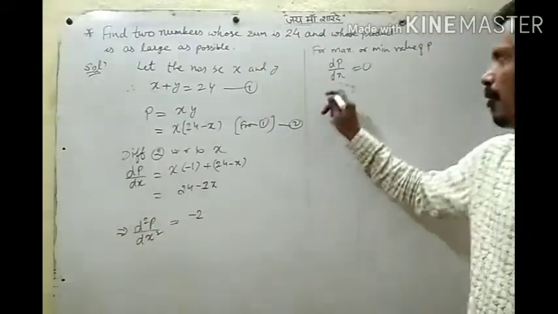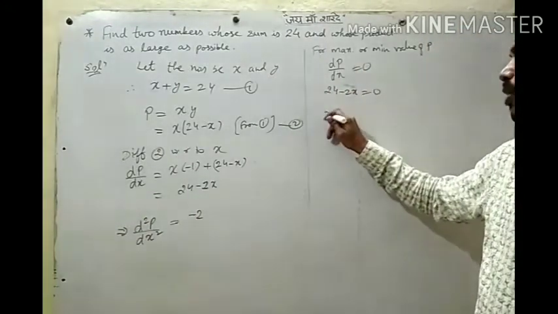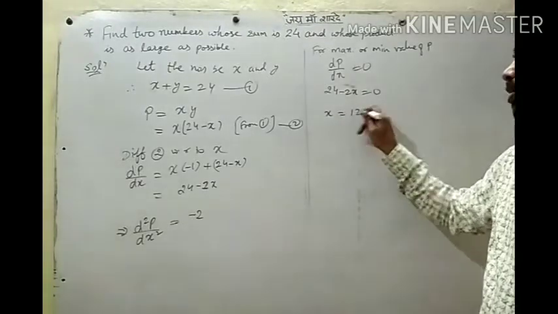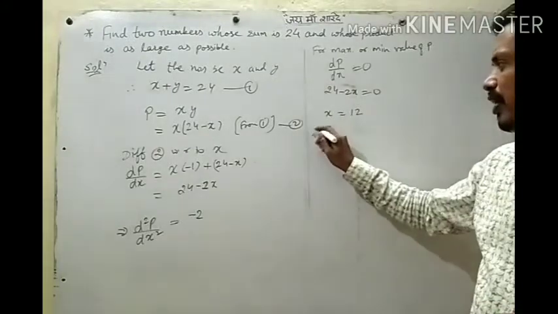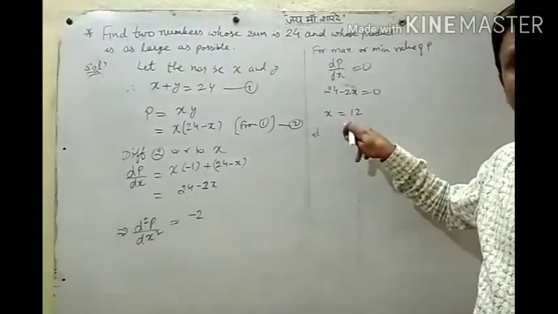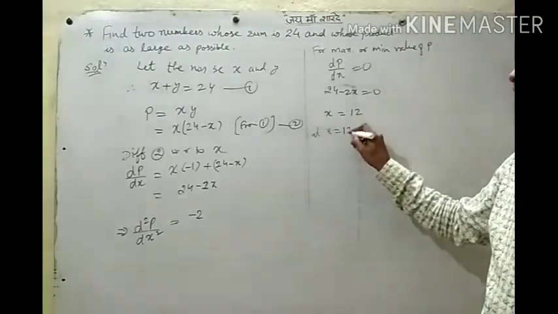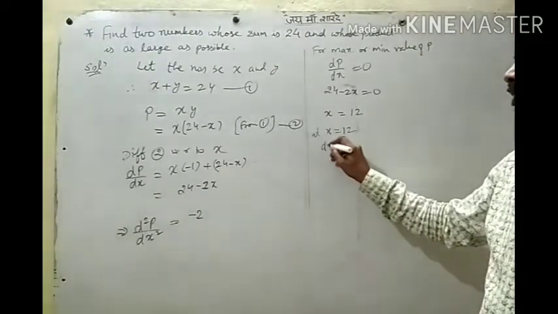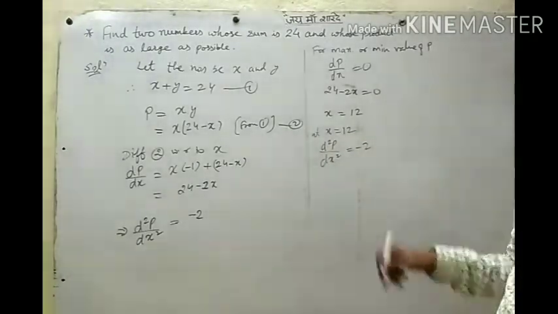So it is 24 minus 2x. So 24 minus 2x equal to 0. So x will be 24 by 2, means 12. Okay, so x equal to 12. Now at this point we will find value of second derivative. So at x equal to 12, value of d2p by dx square, same only, minus 2, negative.